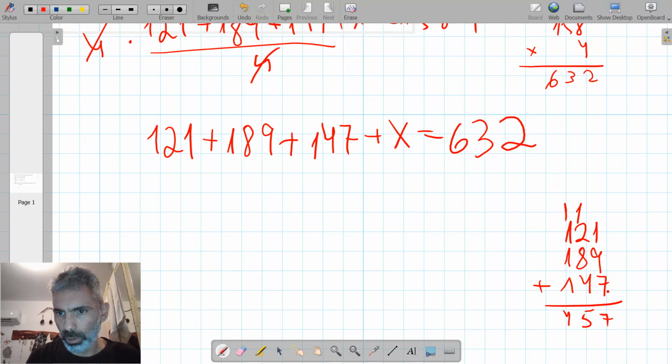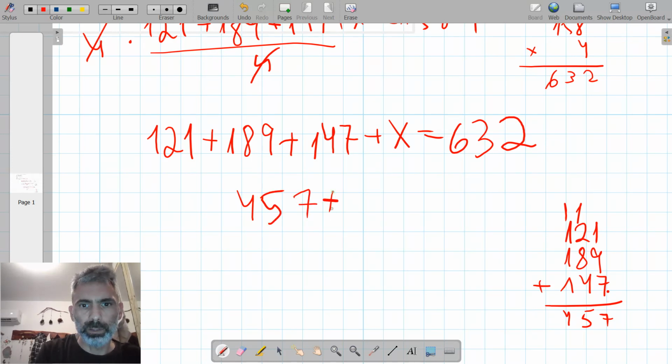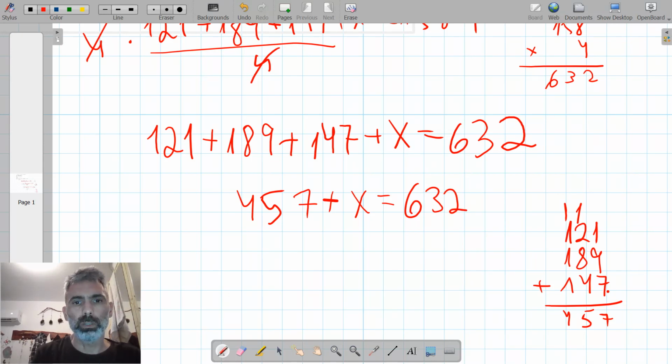Okay, we have 4 here. So on the left hand side of the equation we have 457 plus x, right hand side of the equation we have 632. Now to isolate the x, we subtract 457 from both sides of the equation.